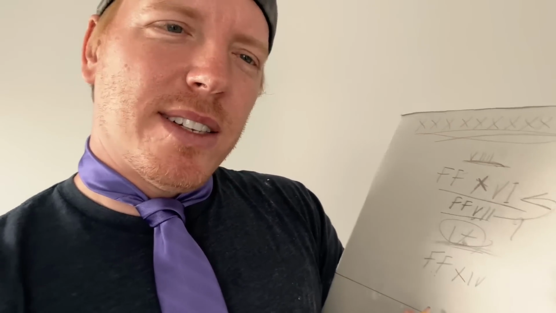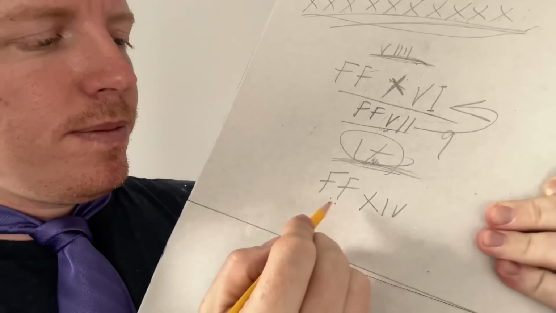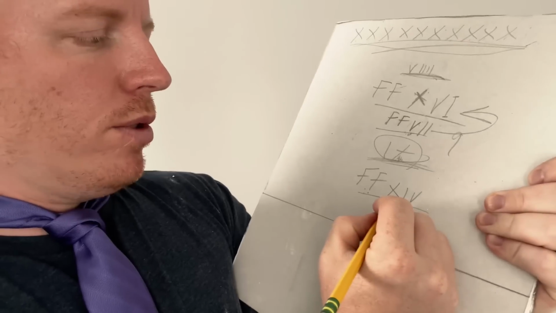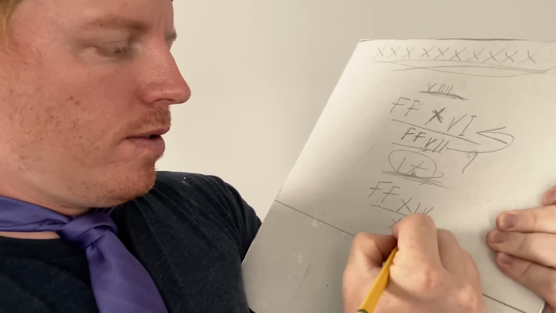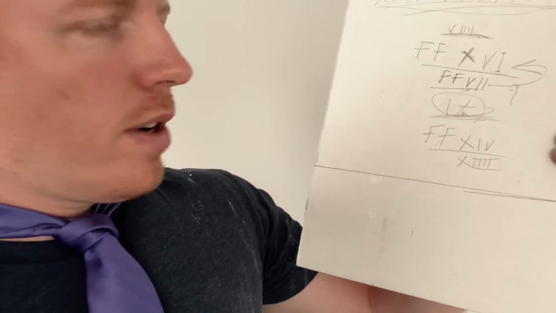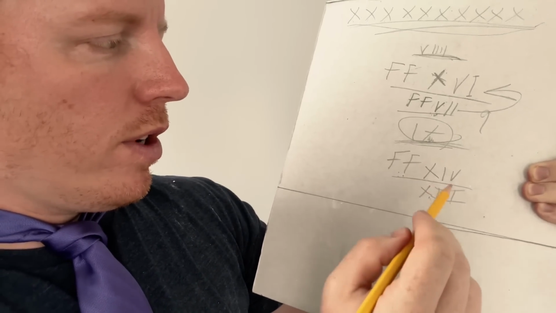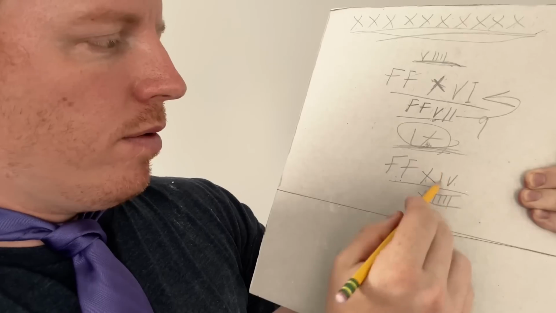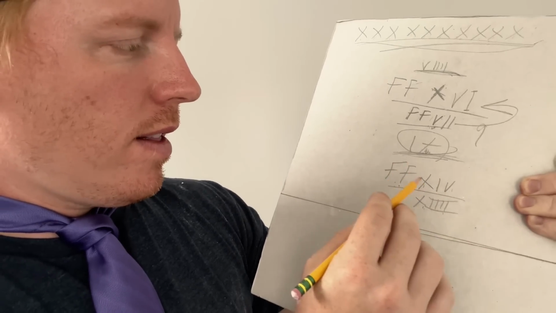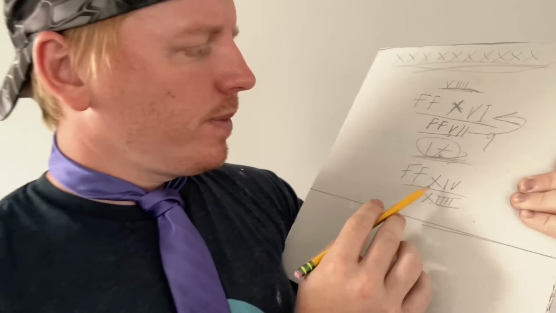Does that make sense? Does that not make sense? I think this is 14. But for now, we'll just put, okay. 10, 11, 12, 13, 14. 10, 15, 14. That works, right? Student, you know.